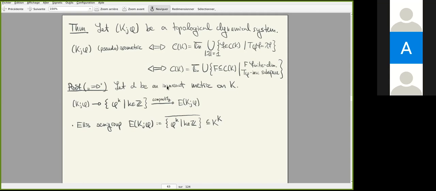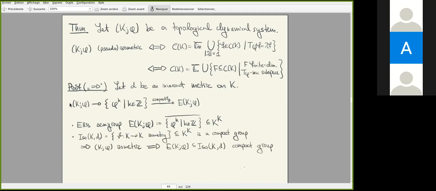In this case, if you start with an isometric system, you get a bit more than just a semigroup. Namely, you observe the following. You take the set of all isometries of this compact metric space. Then this is an easy exercise to show that even if you take the topology of pointwise convergence on K to the K, this is a compact group, because for isometries, pointwise convergence and uniform convergence are just the same.